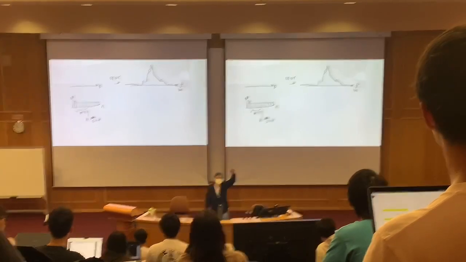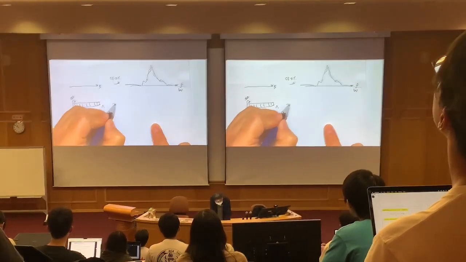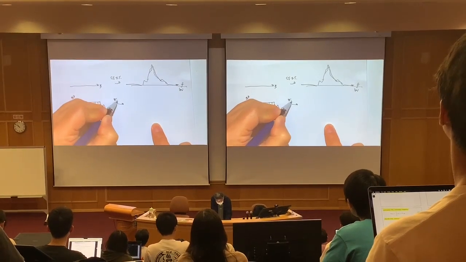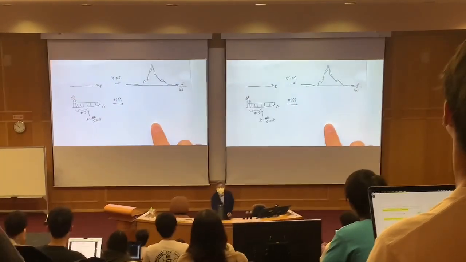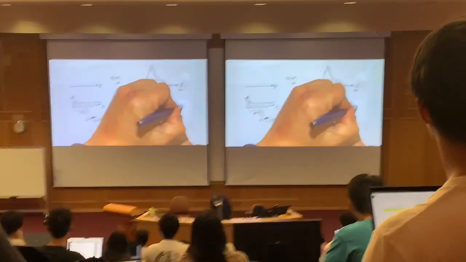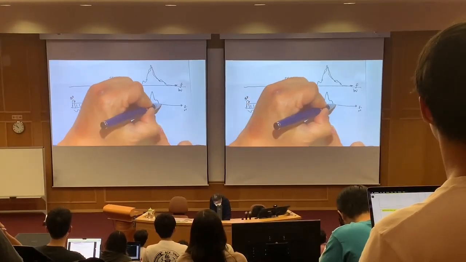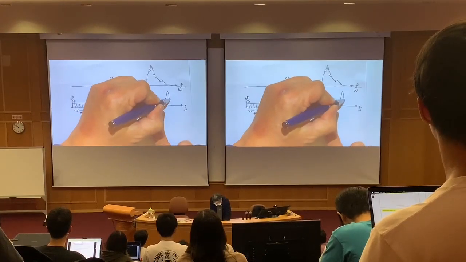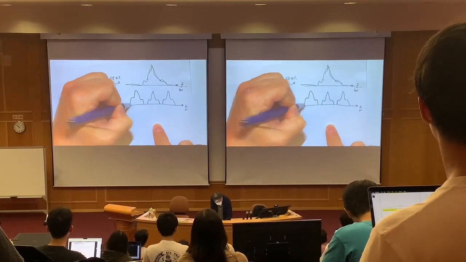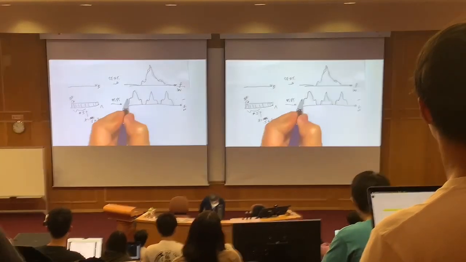I'm just drawing an arbitrary pattern here. Now when you discretize the time axis, you get a discrete time Fourier transform, understand? It's discrete time, so when you have the discrete time Fourier transform, you expect to see this in your frequency domain. It repeats forever.